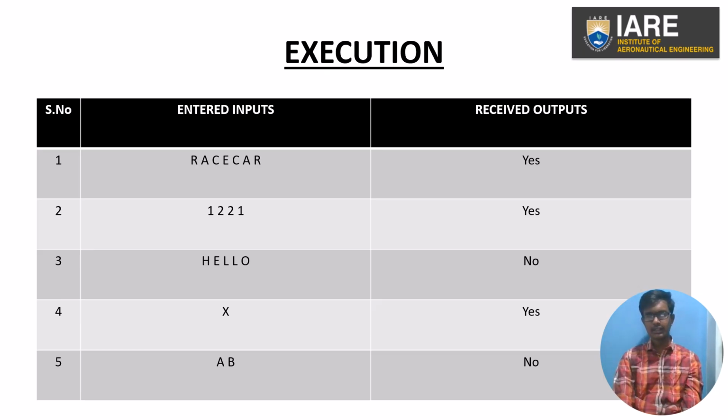And after that, a single character X, it is always a palindrome. Any single character is always a palindrome, as we all know. So it gave the output yes, and after that AB, as we can clearly see, it is not at all a palindrome. Hence, it has shown the output as no. Hence, this is the final execution of the code which I wanted to show you.